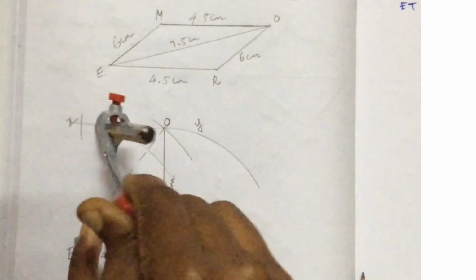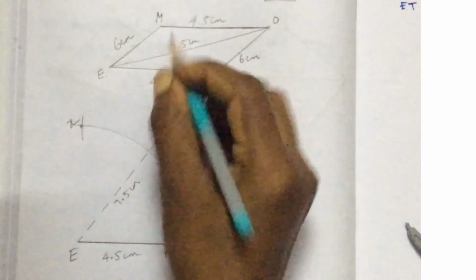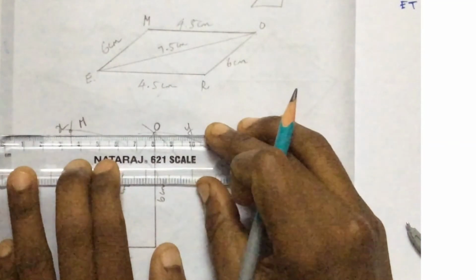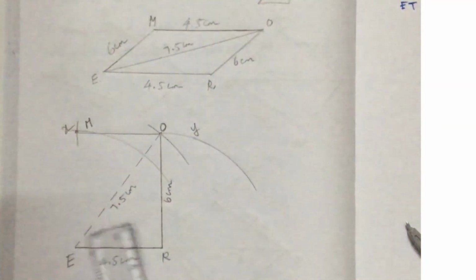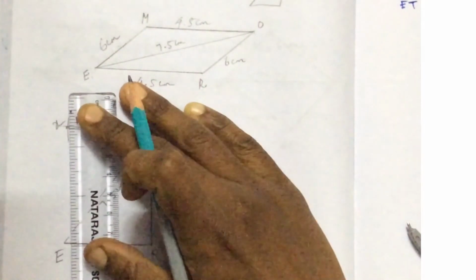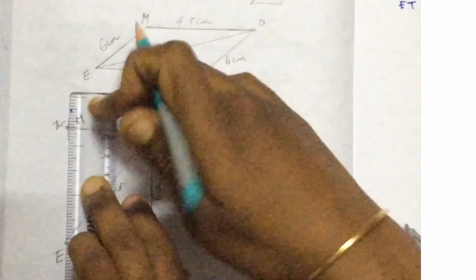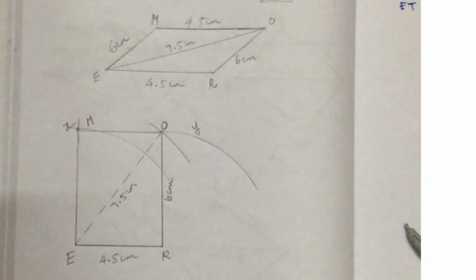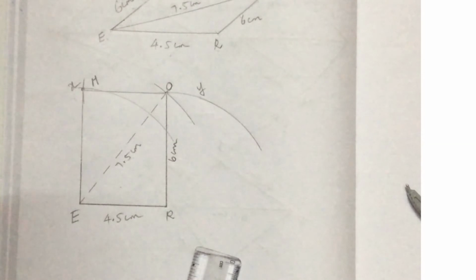I got this intersection point, which is this M. Now I can join these two lines and also these two lines. Now we can see MORE is a parallelogram.